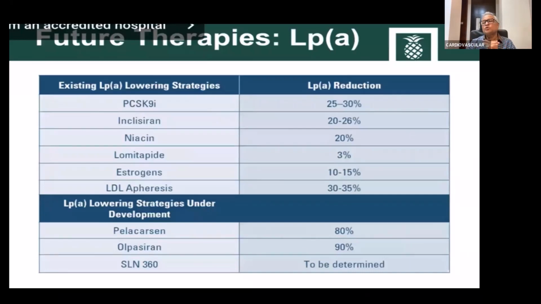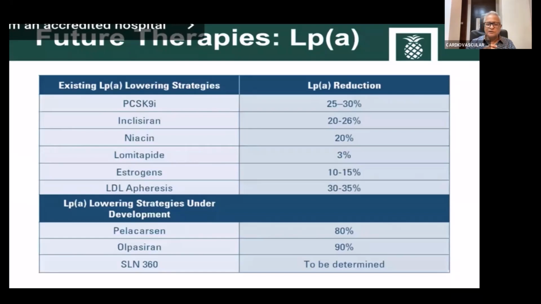Coming to LPA, the most important is that it is identified as an independent risk factor for CAD secondary prevention. Also, if LPA is elevated, we have seen patients coming back again with recurrent events. So PCSK9 inhibitors reduce it 25-30%. Inclisiran also reduces 20 to 60%.